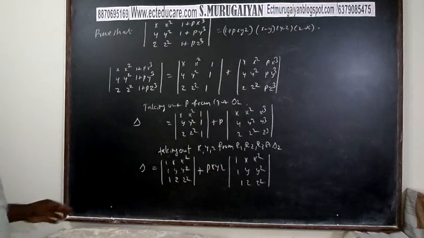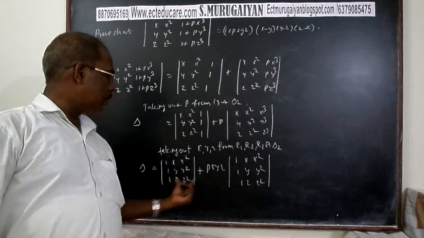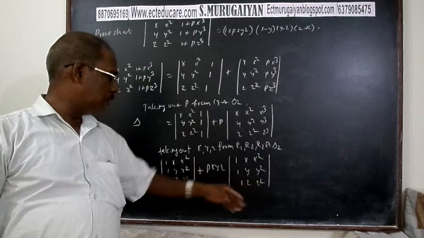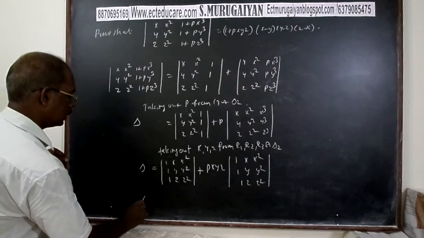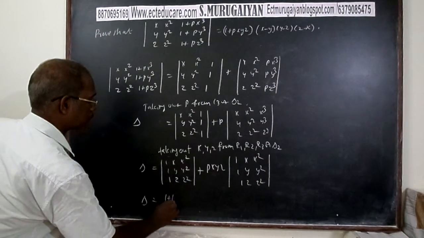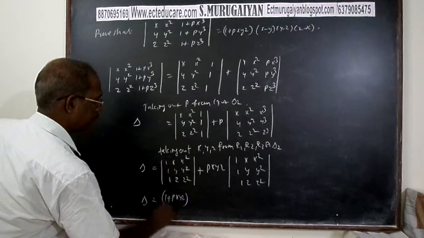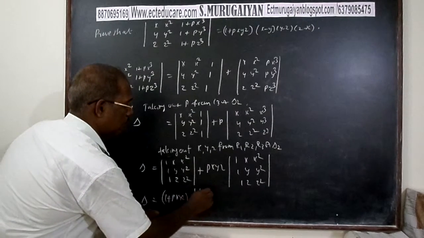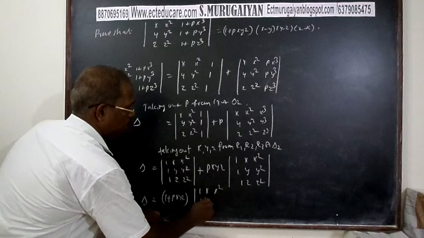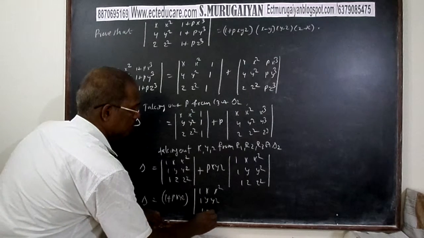From these two determinants, delta 1 and delta 2, a part is common, so we can factorize: 1 plus pxyz times the determinant 1 x x square, 1 y y square, 1 z z square.